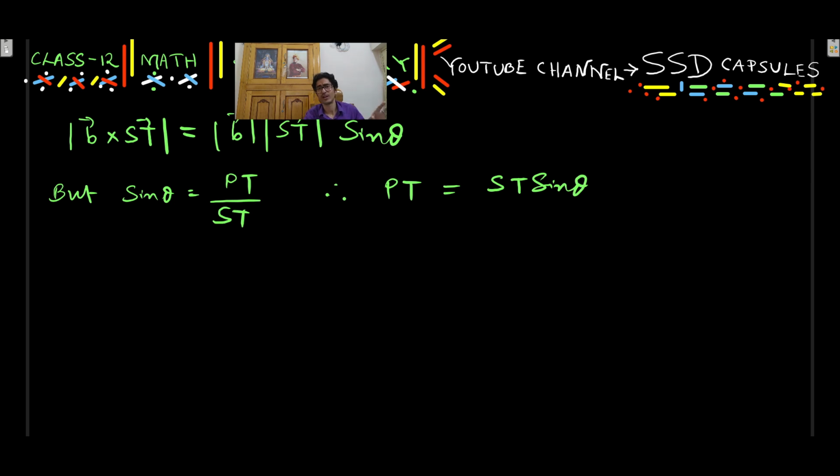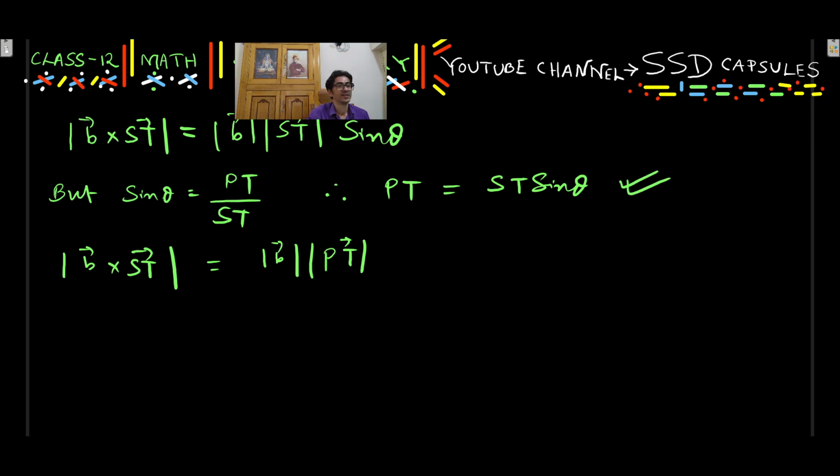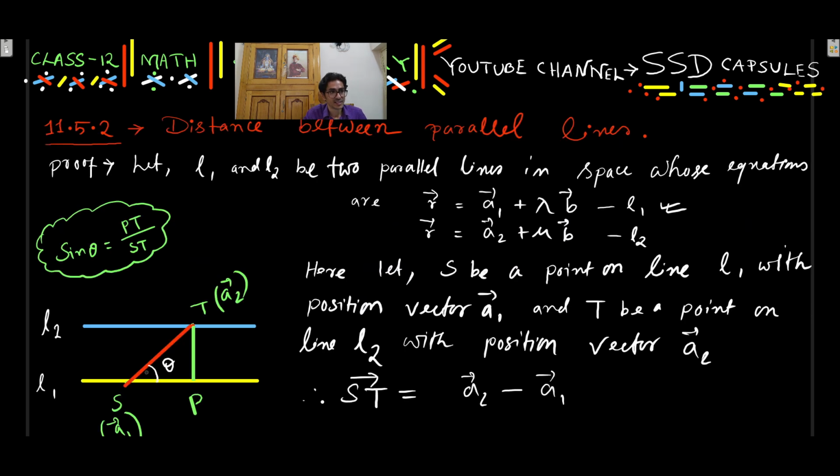So now we have magnitude of B cross ST vector equal to B vector magnitude and PT vector magnitude. We can write this using this relation. But what is PT vector? See, this is PT vector.